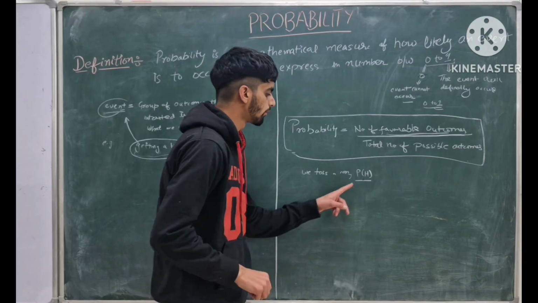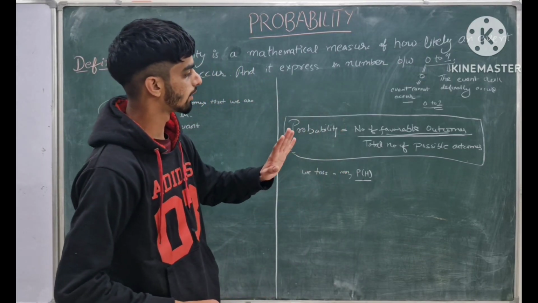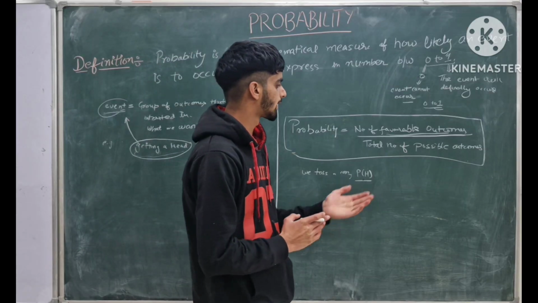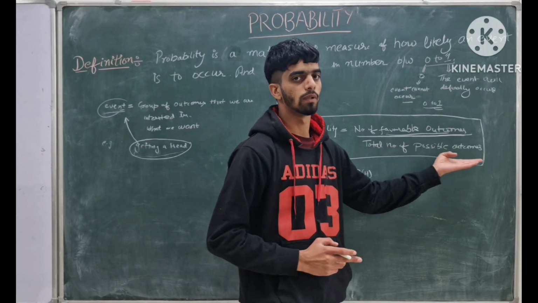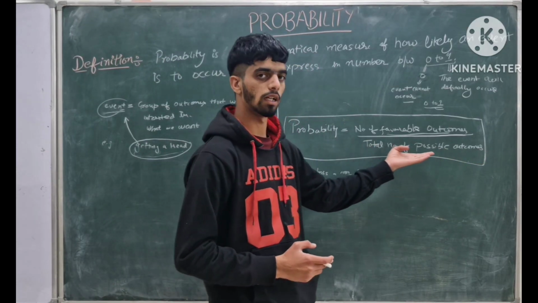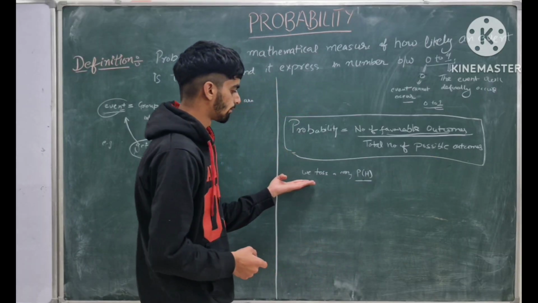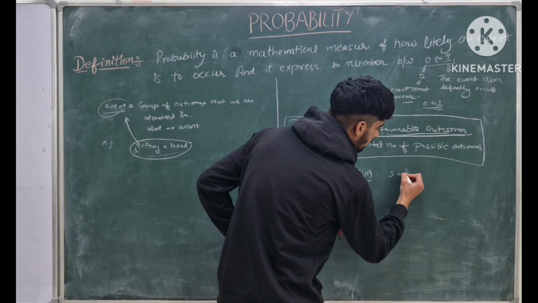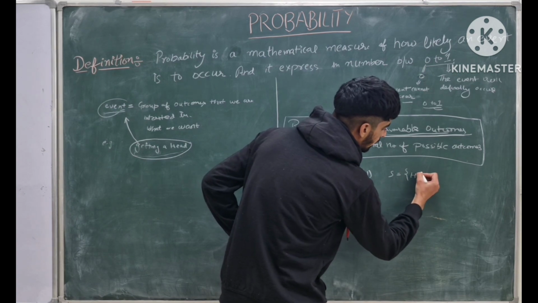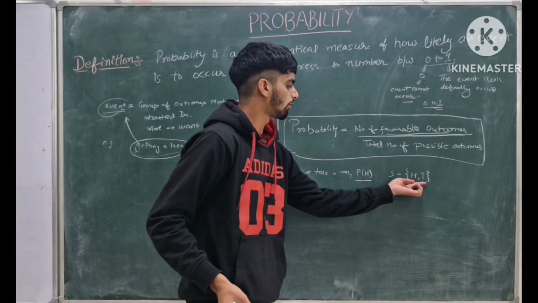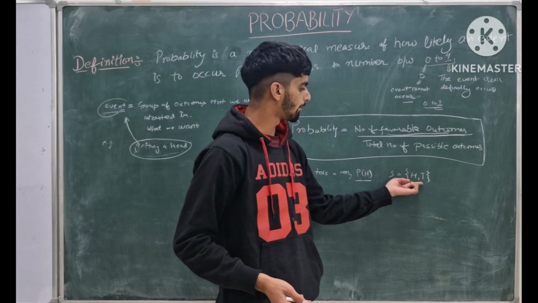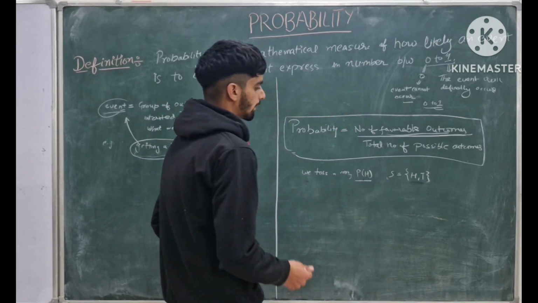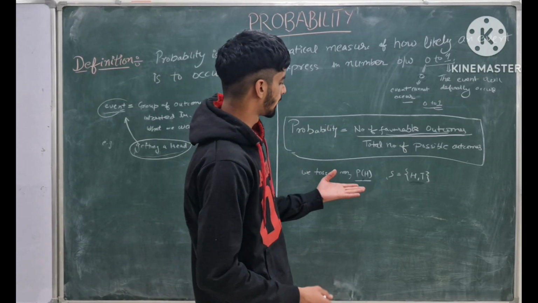First we have to find the sample space of our event. So what is the sample space? Sample space is basically the total number of possible outcomes. In our example, for tossing a coin, the sample space is head or tail.